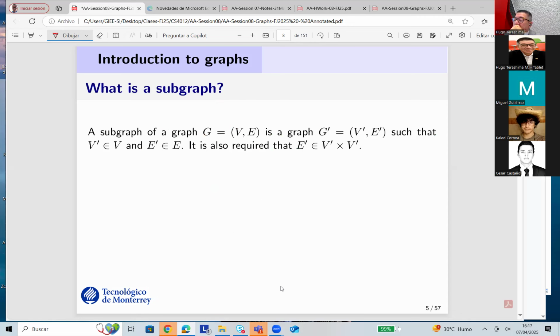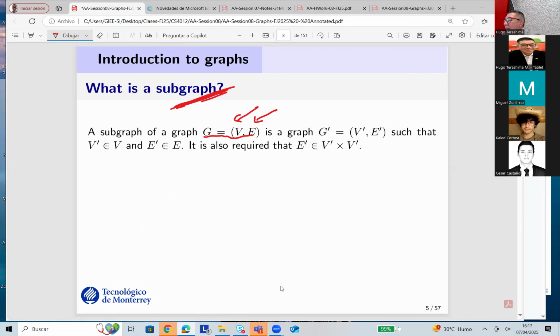Okay, so if we go to a more formal explanation of graphs, I have a graph, which has a set of vertices and a set of edges, right? And then what is a subgraph?